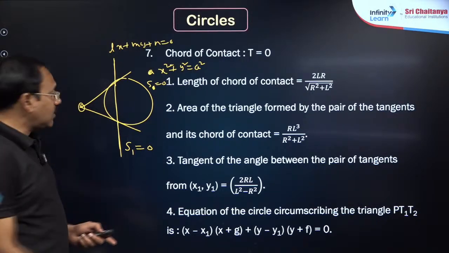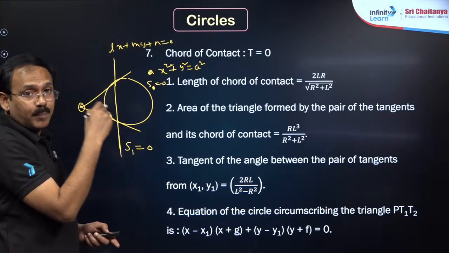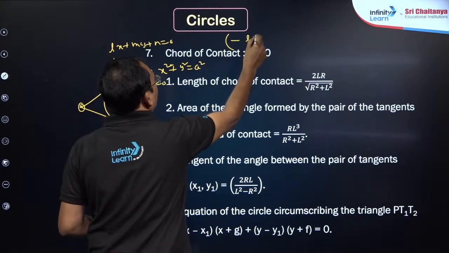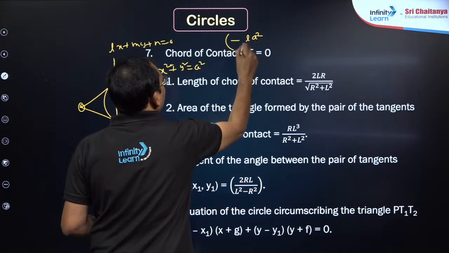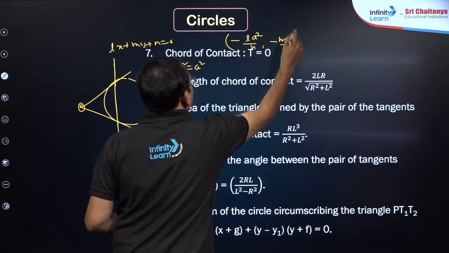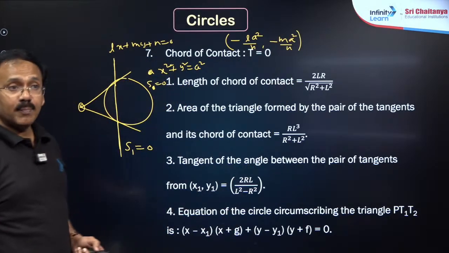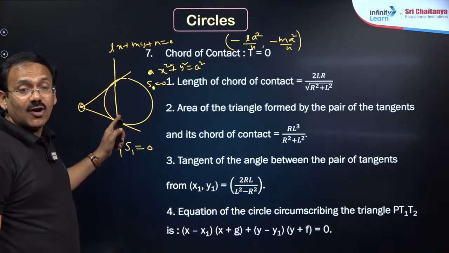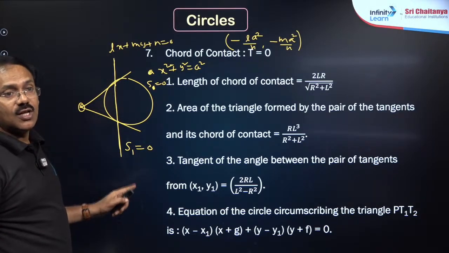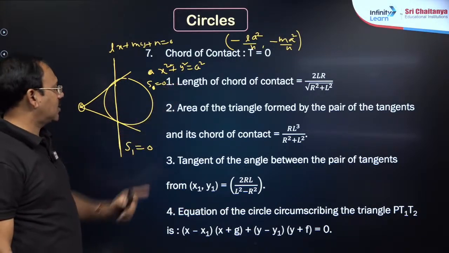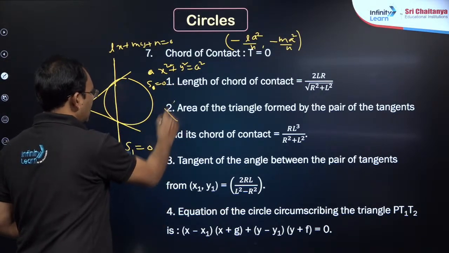If you want the pole of this line, it is given by the formula minus La square by n, minus Ma square by n, my dear friends. If the point is given, the chord of contact is S1 equal to 0. If the chord of contact is given, the point is given by that shortcut, and these are not important.